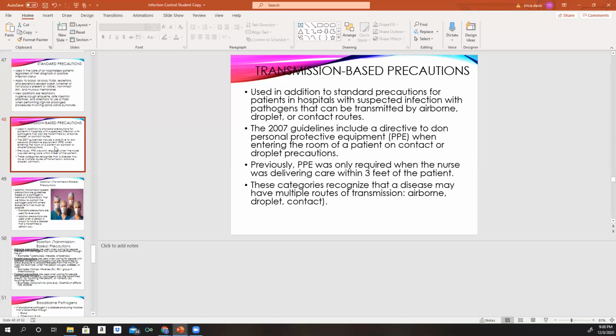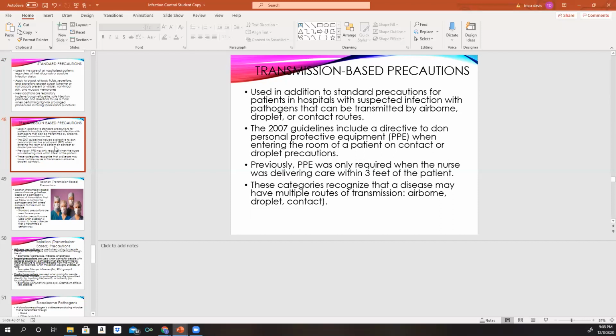Now we have transmission-based precautions. Transmission-based precautions are used in addition to standard precautions for patients that we see in hospitals with a suspected infection with a pathogen that can be transmitted by airborne, droplet, or contact routes.